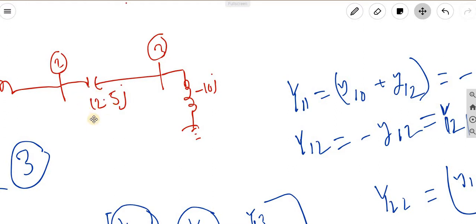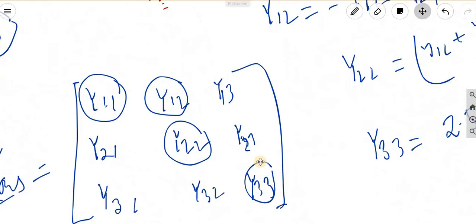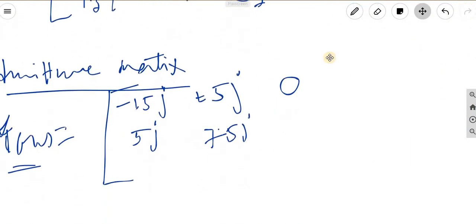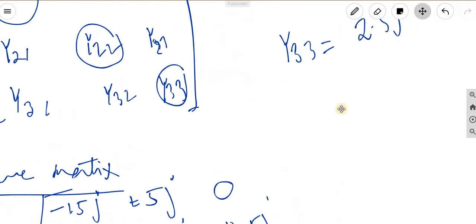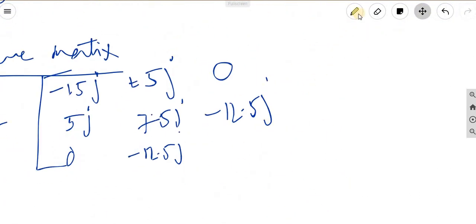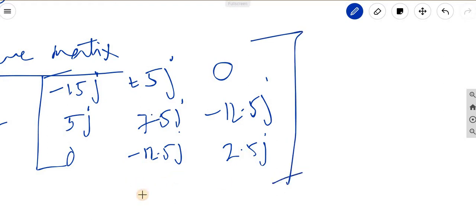So capacitance, inductance, admittance would be negative in a way. Yeah, so that would be 12.5j. Now this is 0, minus 12.5j, and it is 2.5j. So this is the matrix.